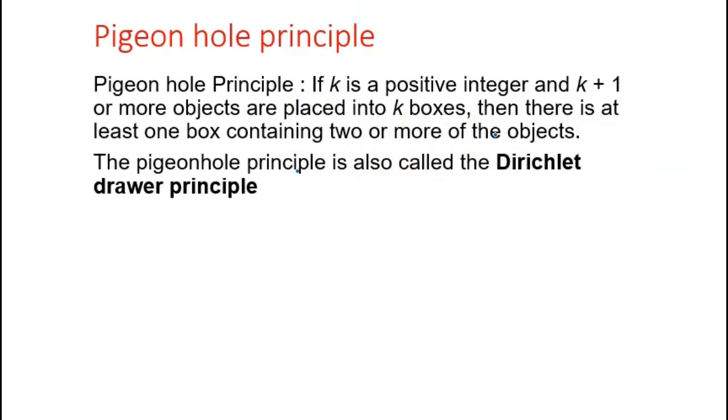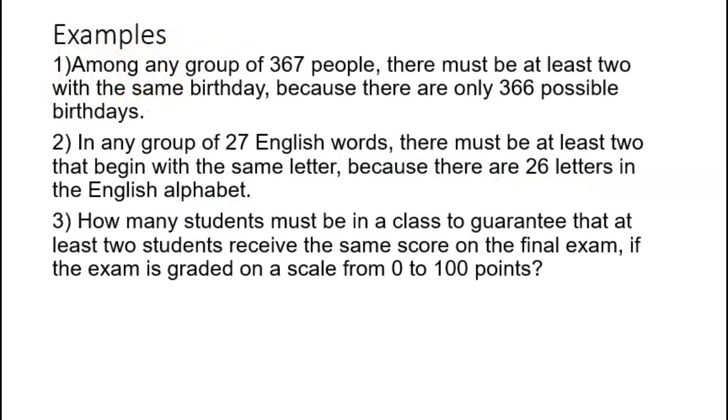The statement is very simple. To understand this, I am going to take some examples as well. The pigeonhole principle is also known as Dirichlet's drawer principle. So let us look at some of the examples.